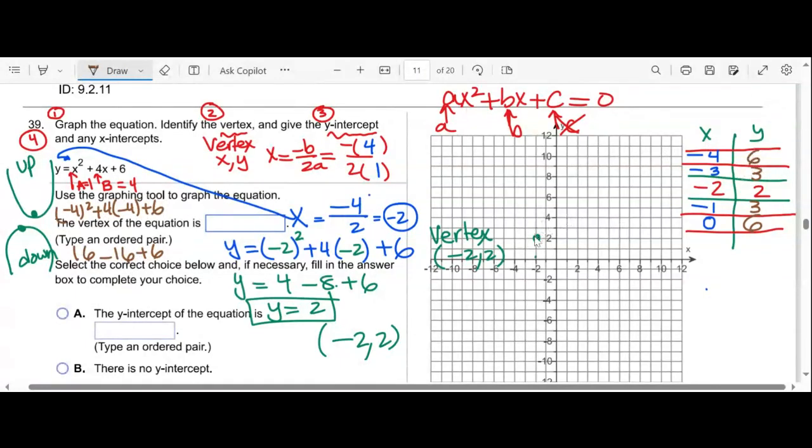Now let's graph this. So negative 1 and 3. Okay? 0 and 6. Negative 3 and 3. Negative 4 and 6. So this is concave up.